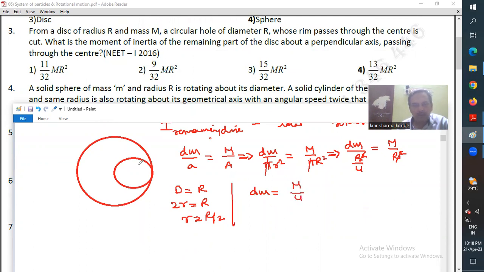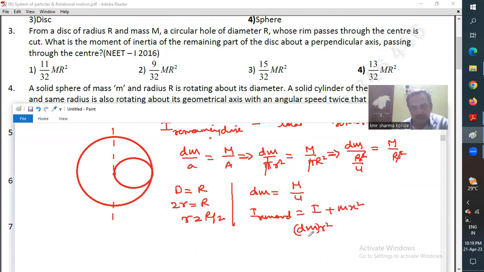Now the moment of inertia of the remaining part of the disk about a perpendicular axis passing through the center. So this may be the axis. Let us find out the moment of inertia of the removed portion first. It is nothing but I plus m x square. So dm, we are going to substitute m by 4.